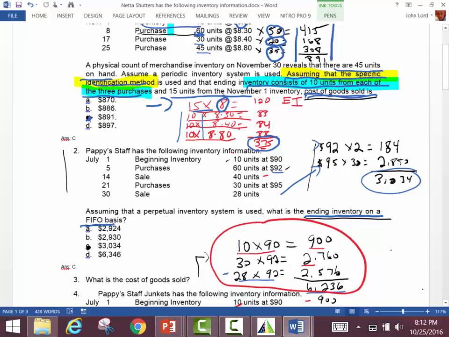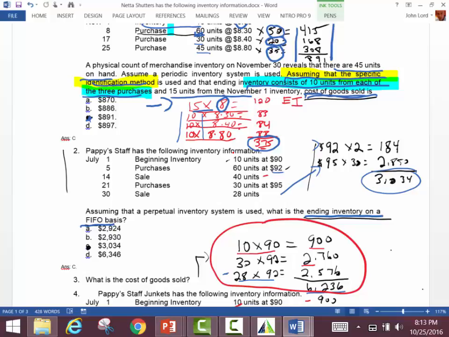Okay, so we want to know the ending inventory, don't we? On a FIFO basis. And so what happens? They have these 10 units in beginning inventory. They have purchases of 60, and then they sell 40, don't they?